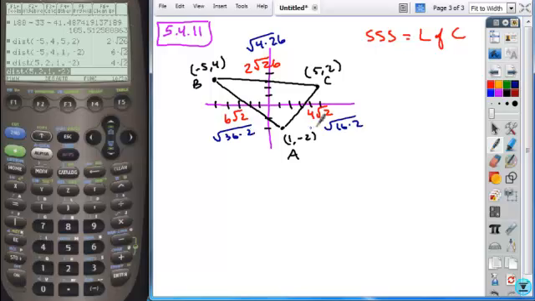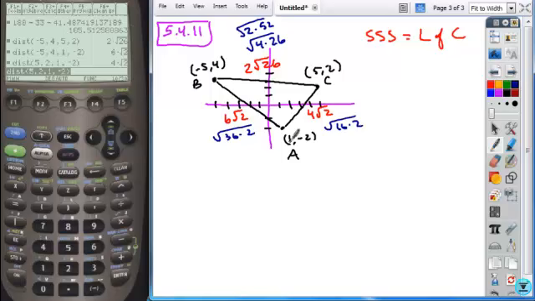Now, when you look at these, you have a 2 here, you have a 2 here. Think about changing this 4 into a 2, right? 4 is 2 times 2. So we could also think of this as 2 times, and let's take the 2 from 4 and move it over here. So what's 2 times 26? Okay, so now, can you tell? So now you just have to compare 52, 36, and 16, right? Okay, so we see that BC is the longest side here.